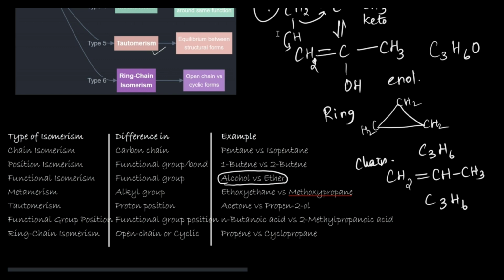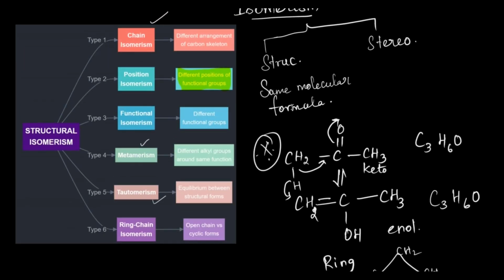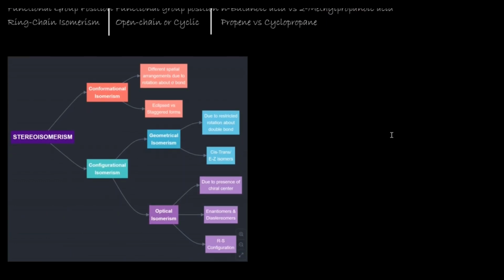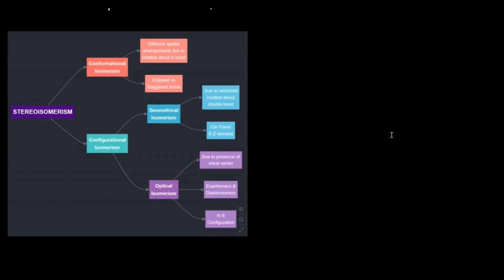Now let's move on. The next part of isomerism is stereoisomerism. Stereo is not like sound. Stereoisomerism is having different spatial arrangement. Structural isomerism is how things are arranged; this is where they are arranged.